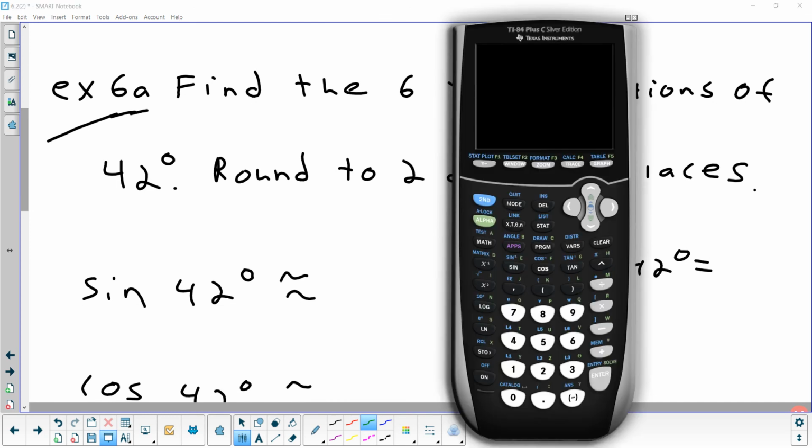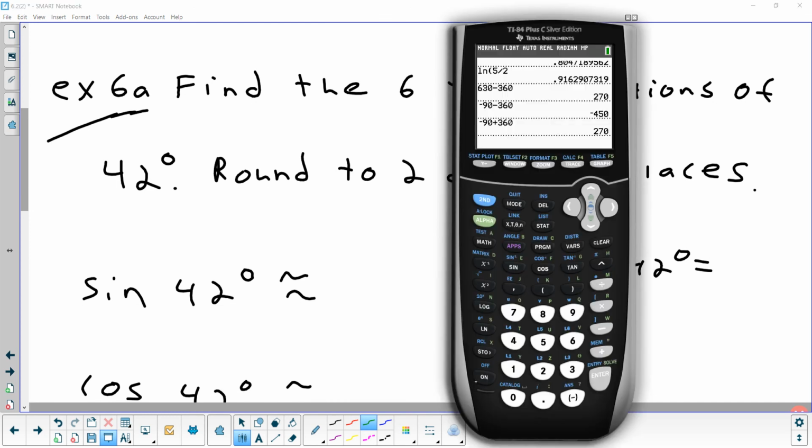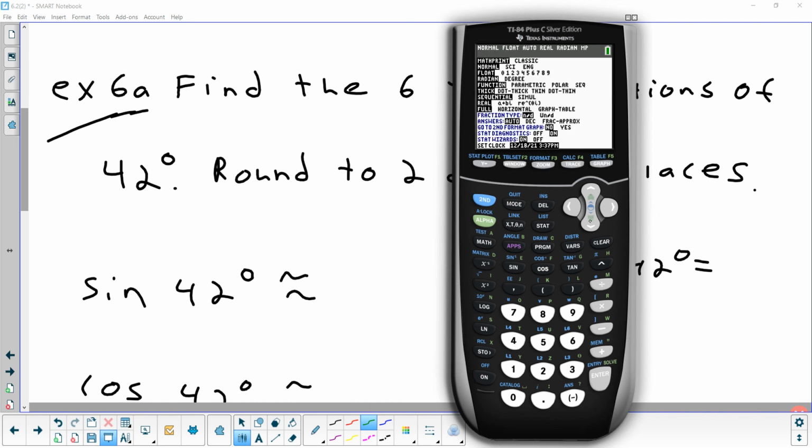Very easy. First thing is, look at your angle. What units are on this angle? Degrees. My calculator is not in degrees. I need to press mode, and then I can change it to the degree setting. If you don't do that, it will come out wrong.